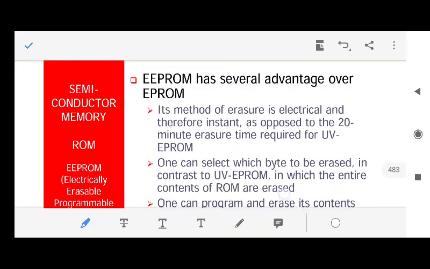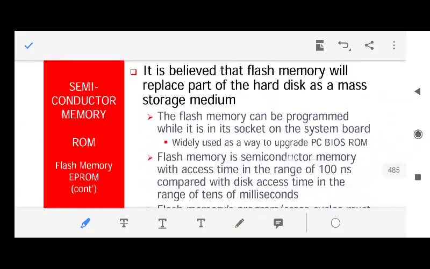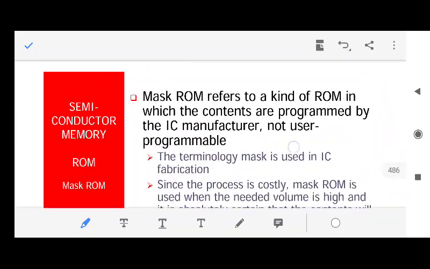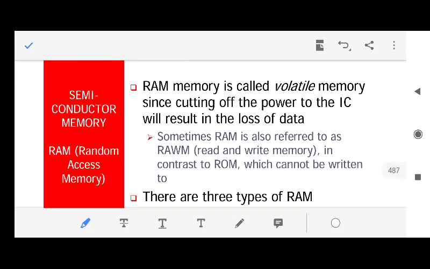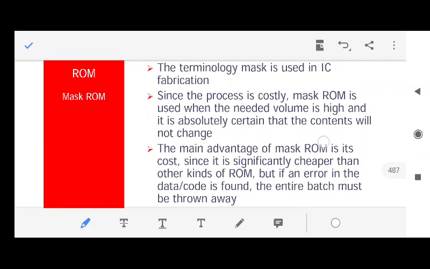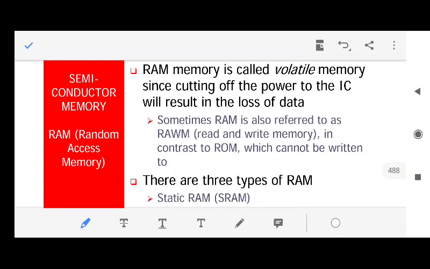These are different types of ROM. Fine. And different types of RAM are also explained. So what is the difference between the different types of ROM? I'll just quickly explain. ROM is basically used to store the program or the code. Fine.